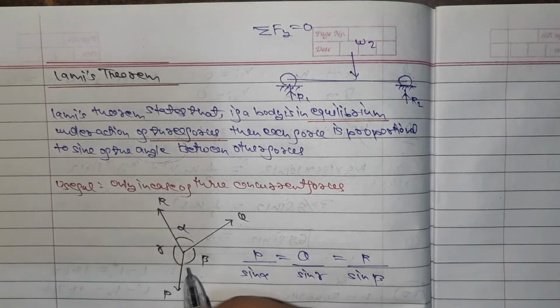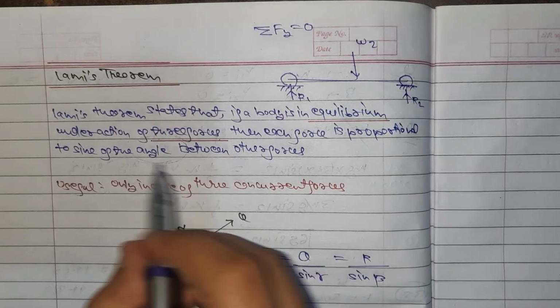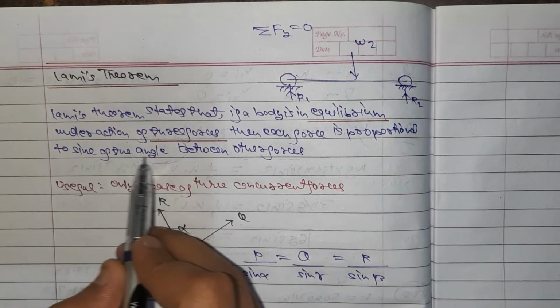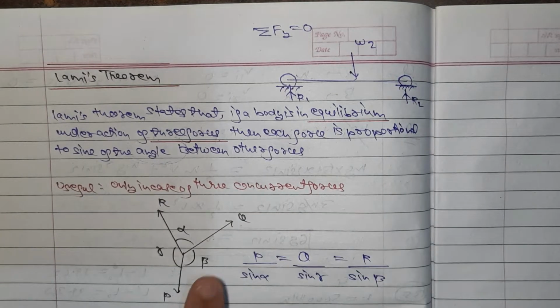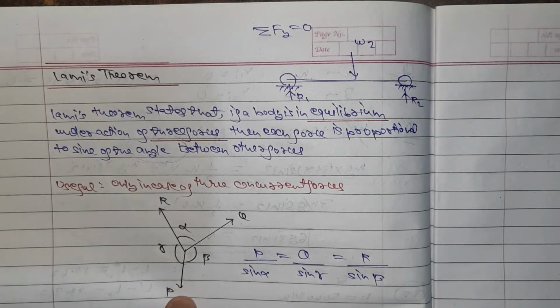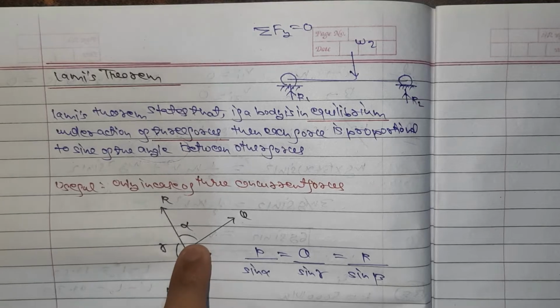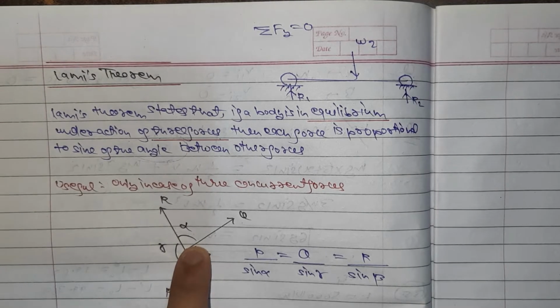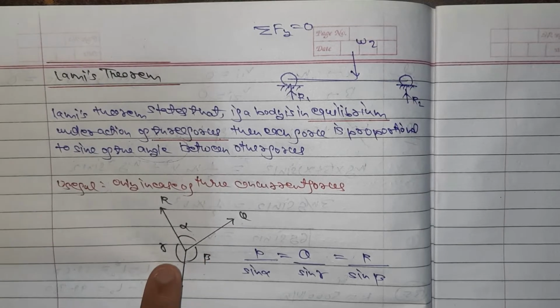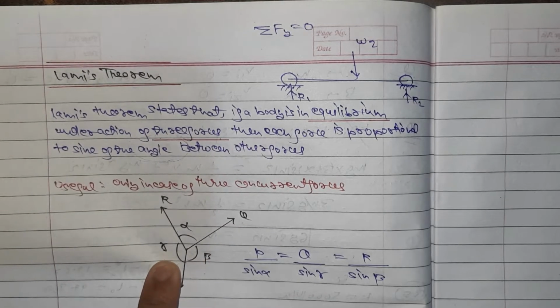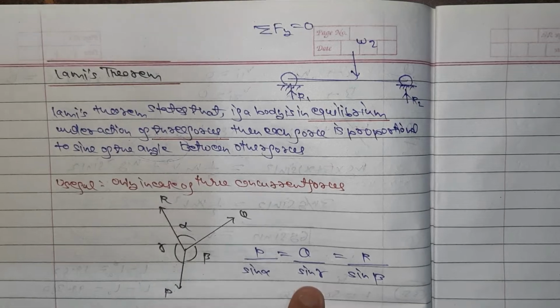Why alpha? Because I have to select the sine of the angle between the other two forces. So if I take force P, I'll have to write sine alpha. Similarly, if I take Q, I'll have to write sine gamma.